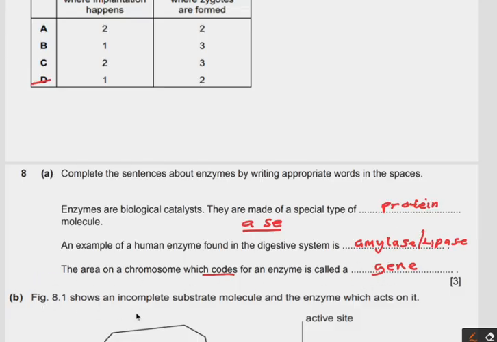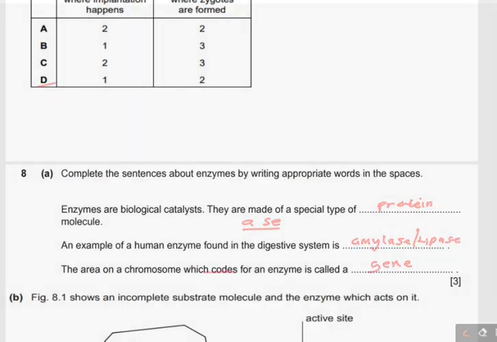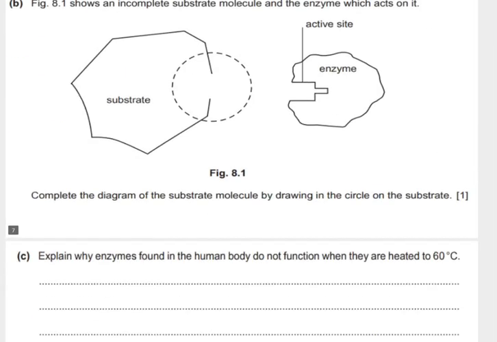So let's answer the last ones, which is for B. Figure 8.1 shows an incomplete substrate molecule and the enzyme which acts on it. So we have this one here, which is a substrate, and this one here is the active site.